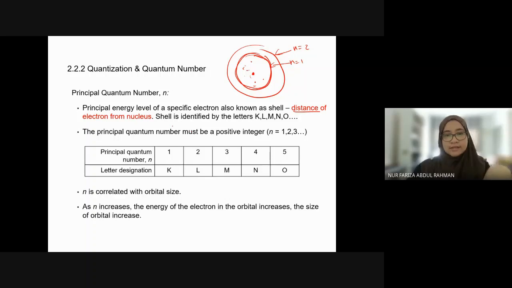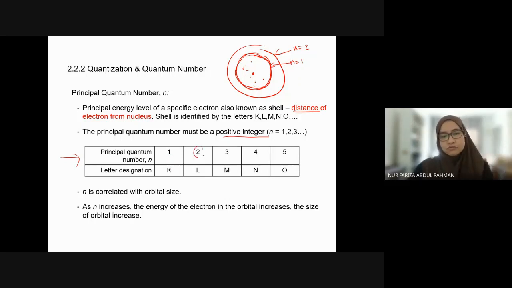Shells are identified by the letters K, L, M, N and O, and so on, and we can also assign positive integers. Look at the table that we have here. We have the principal quantum number n, and we can assign letters to each one of them. If n is equal to 1, that means it's the K shell.